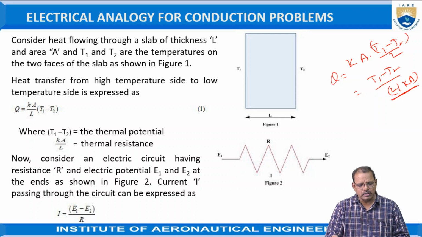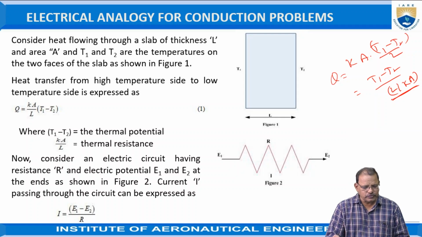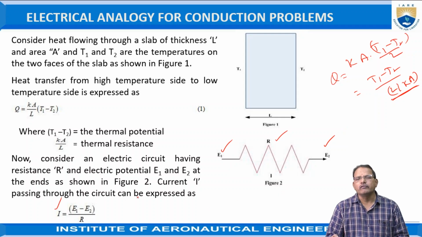Now consider an electrical circuit having a resistance R and electric potentials E1, E2 as represented here. The flow of current I is given by I equal to E1 minus E2 divided by R. Comparing these two equations gives the relationship between the flow of thermal energy and the flow of current.